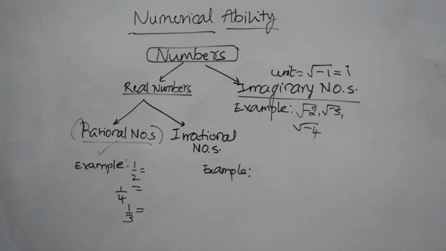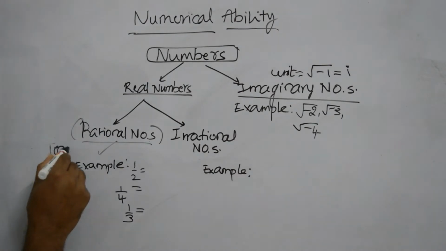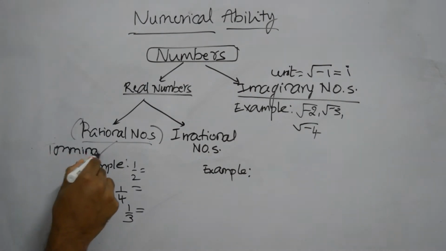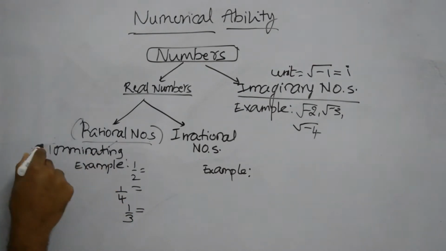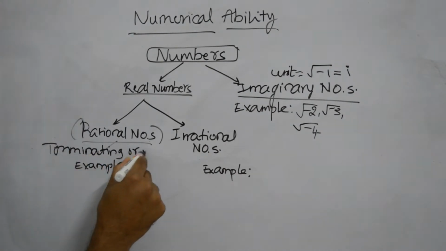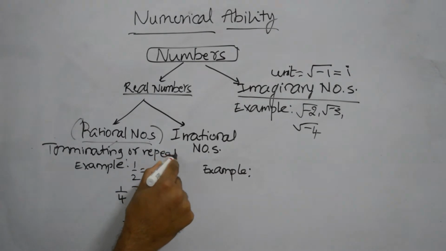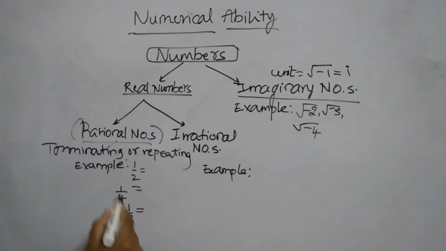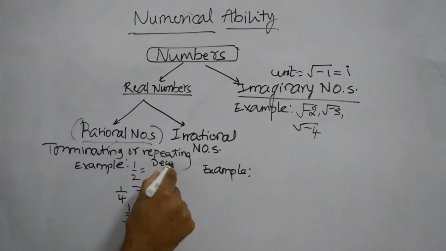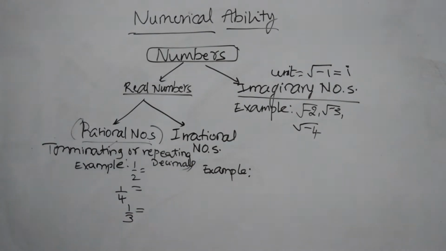Rational numbers are also called terminating or repeating decimals. For example, 1 by 2 is equal to 0.5 and 1 by 4 is equal to 0.25.